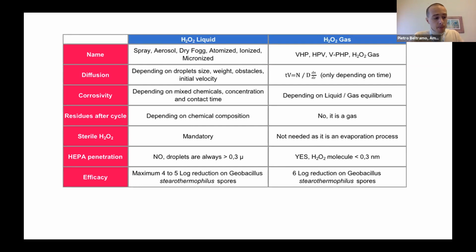Now, I would like to very shortly go deeper on some of those points that can be maybe more difficult to understand from a physical effect point of view.